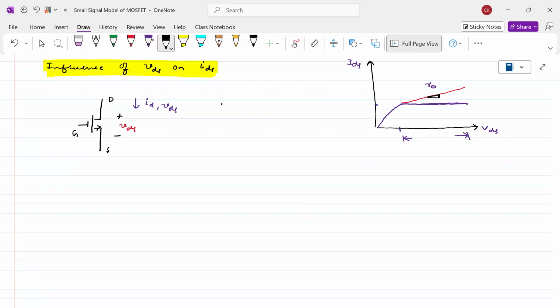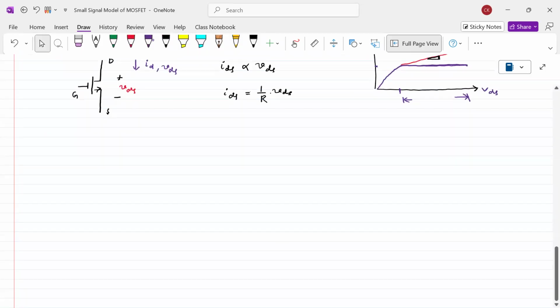What we are expecting is that IDS is proportional to VDS. Normally these two quantities are at the output side. Since how much current is flowing is defined by the resistance value here, we can write IDS equals 1 by R times VDS.